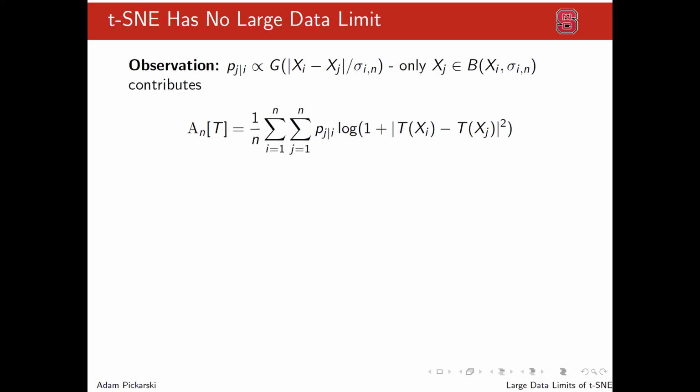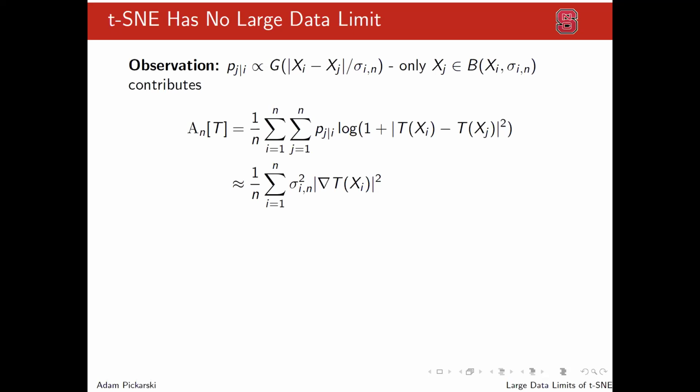So you might as well think of the only things contributing to this weighted sum of p_j given i as being within sigma in distance to x_i. With that distance going down, you can do a Taylor approximation, roughly speaking, because the distance from x_i to x_j is going to be really small, and correspondingly this is basically x_i minus x_j. Maybe there should be a bound here, but for understanding's sake, it's sufficient.